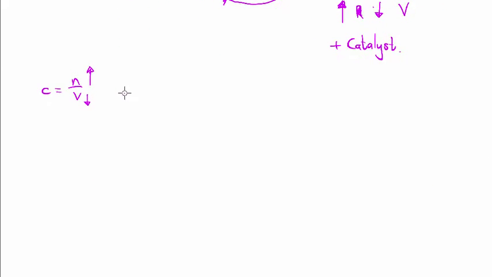Okay, so my Kc value would be the products, which in this case is hydrogen and fluoride, their concentration divided by the concentration of hydrogen fluoride.